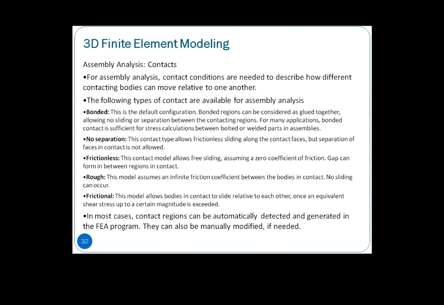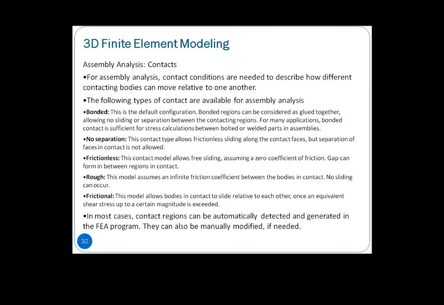In the case where you have a special case, you allow it to slide but no separation, then you have to choose no separation. This contact allows frictionless sliding. It is allowed to slide frictionless along the contact face, but not allowed to separate. Meaning the face to face cannot be moved apart, it can only slide.